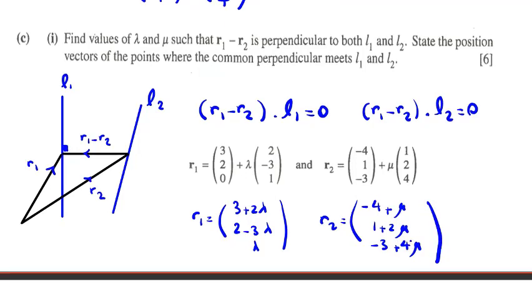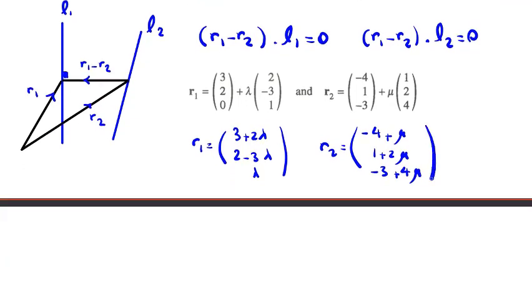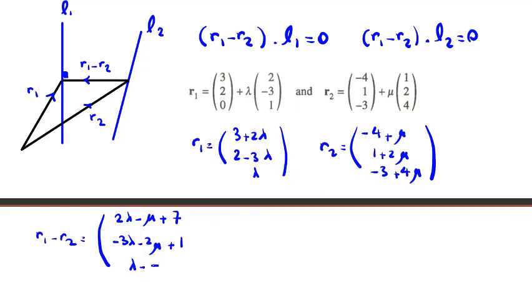Now if we consider R1 minus R2, it will be (2 lambda minus mu, 3 minus 4 plus 7), and then negative 3 lambda minus 2 mu, 2 minus 1, and lambda minus 4 mu plus 3.